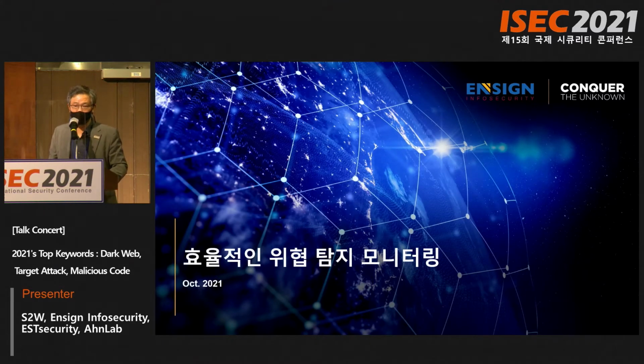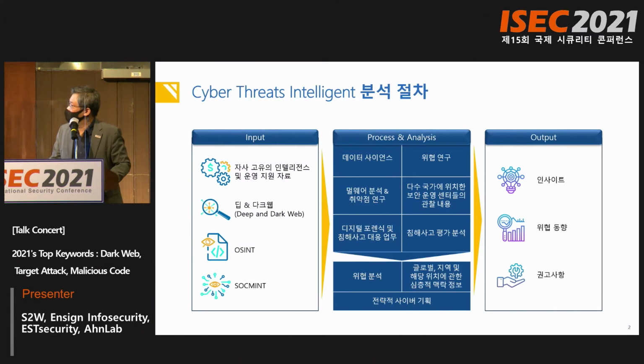I want to talk about effective threat detection monitoring. The cyber threat intelligence analysis procedure is defined in this slide. There's input, and through process analysis, you end up getting output.